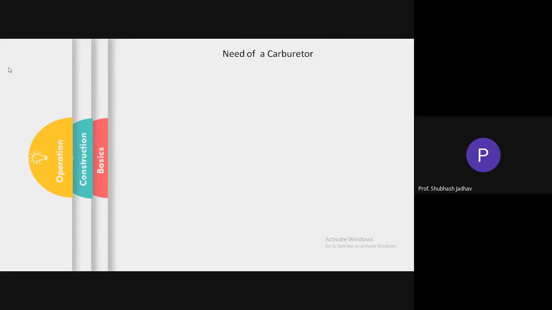So basically, we will start with what is the need of a carburetor. The need is that the engine in which we are going to use this carburetor is such an engine that we have to prepare the air fuel mixture outside the engine.